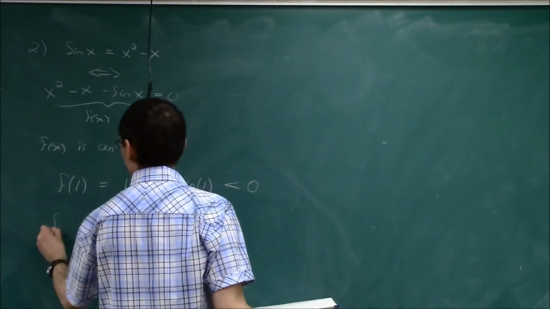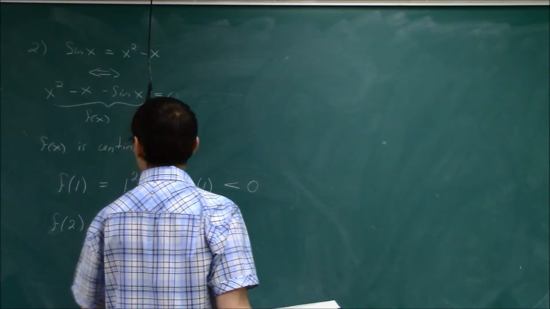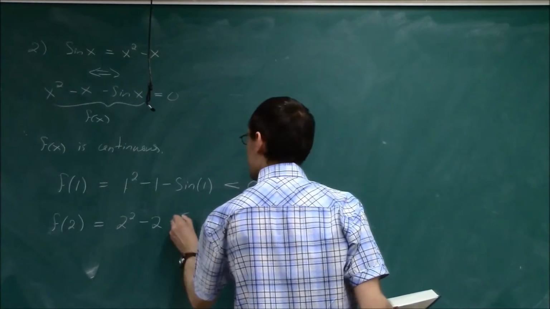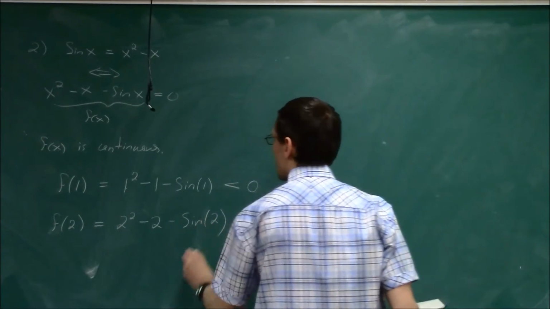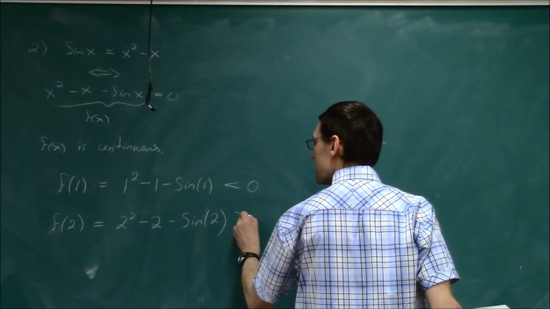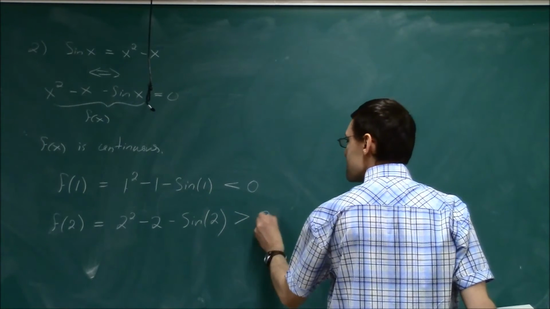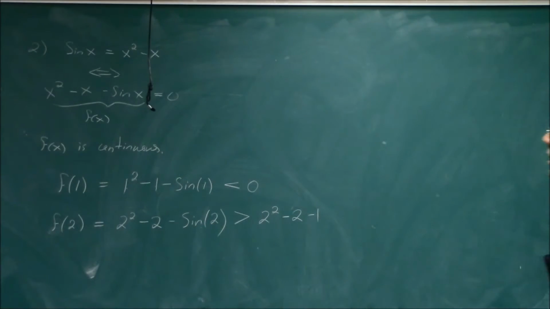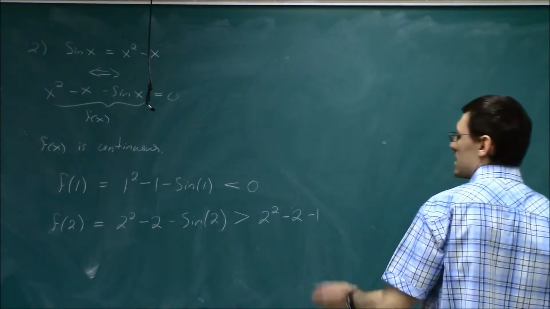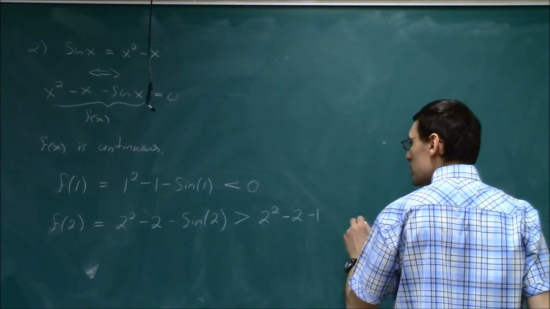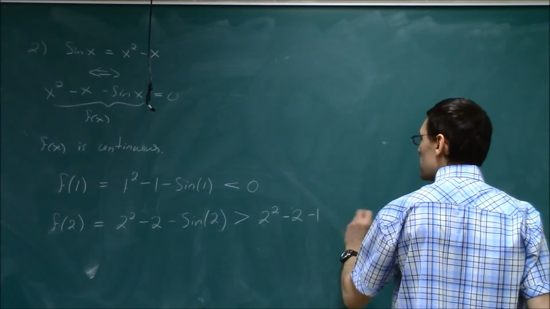Let's see what happens at f of 2. If I put f of 2, that would be 2 squared minus 2 minus sine of 2, in other words, sine of 2 radians. So that will be bigger than 2 squared minus 2 minus 1, because subtracting sine of 2 is at the very worst subtracting 1. Sine never exceeds 1. So what is this? This number is 4 minus 2, which is 2, minus 1.